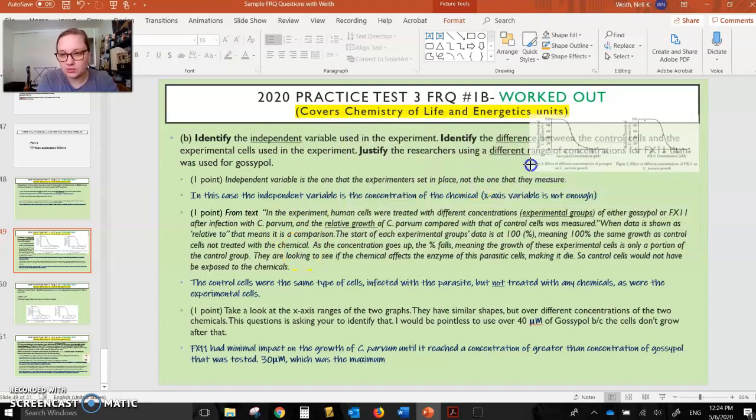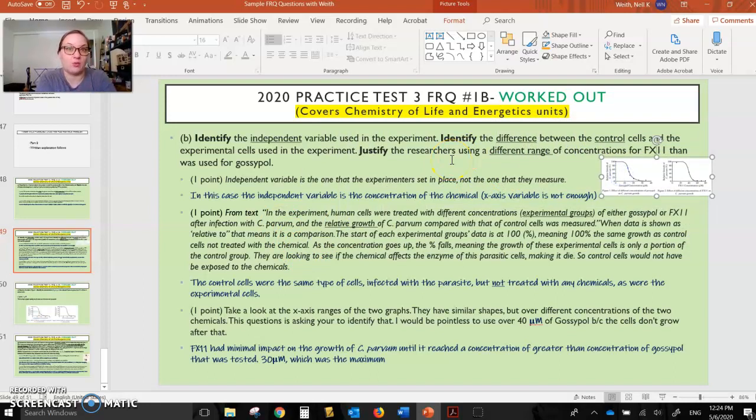You just have to look closely at the data on the graph and have a justification for why these graphs are not the same. Why don't they have the same axes? They said FX2 had a minimal impact on the growth of the cells until it reached a concentration greater than the concentration of Gossypol that was tested at 30 micromolar, which was the maximum. This is really wordy.